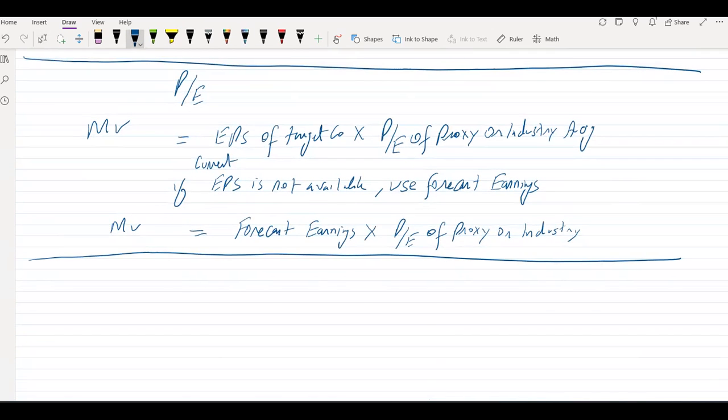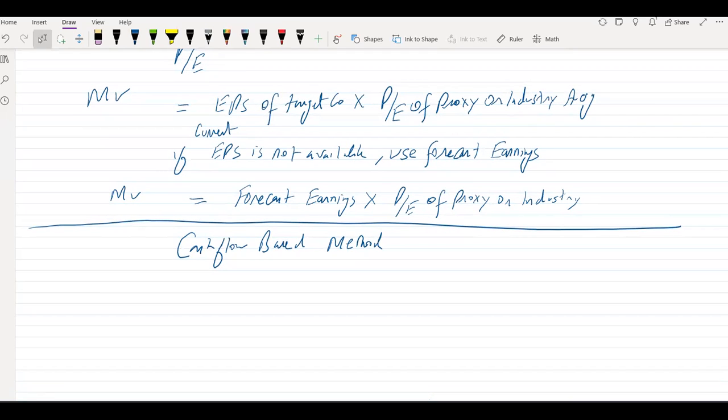Last is the cash flow based method. It is not part of syllabus, but in BPP and Kaplan few questions are given. So what is it? Cash flow based method, market value is equal to present value of future cash flow.